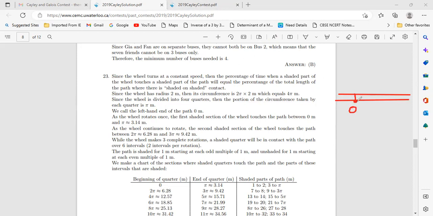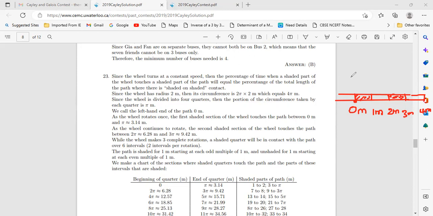The starting point, we have to assume as 0 meters. Actually it goes on like that, 1 meter, 2 meters, 3 meters, 4 meters, alternately shaded and unshaded. It goes on like that.